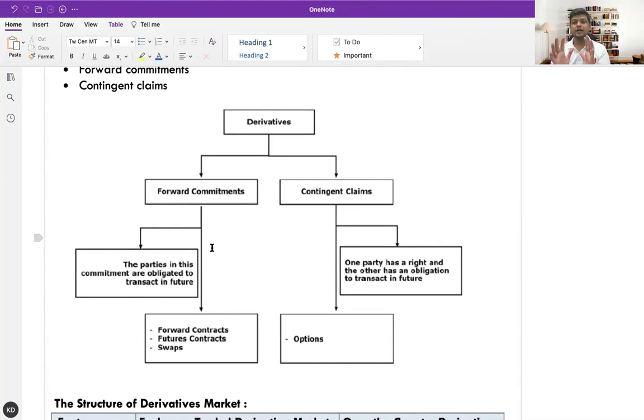So try to understand two things. One is the type of contract, okay? And within that contract, what assets are traded? I repeat, one is called the type of contract, right? The type of contract can be forward, futures, options, or swaps.